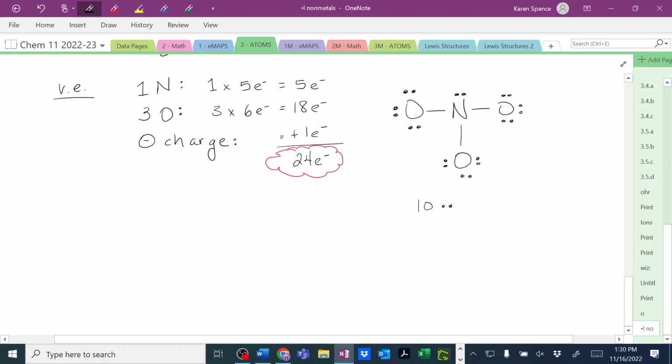So hopefully, if you got your skeleton structure, you drew all the lone pairs on it so it looked like that, so that there's something on the top and the bottom and each side of each atom, because there's no weird ones that have less than 8. Everybody here has 8. And now I'm counting them up. 10 lone pairs. 1, 2, 3, 4, 5, 6, 7, 8, 9, 10.